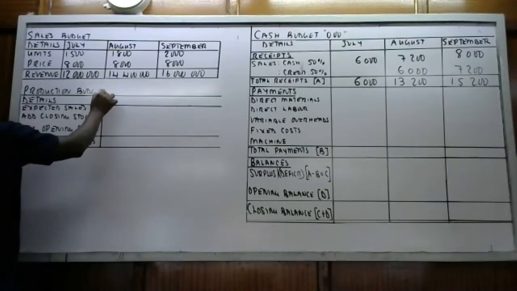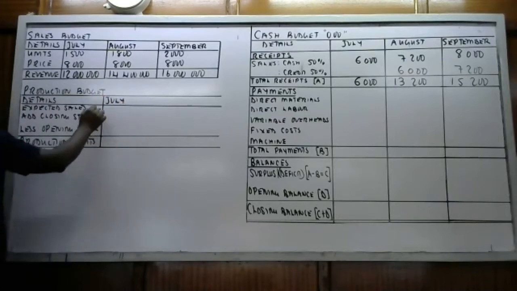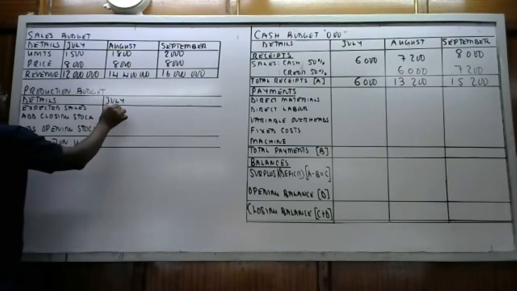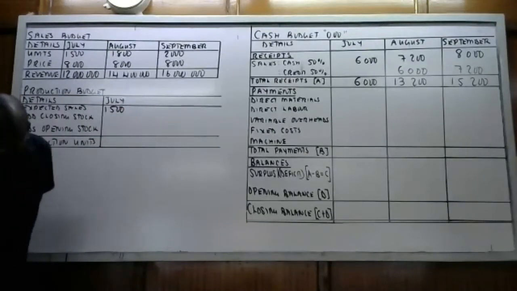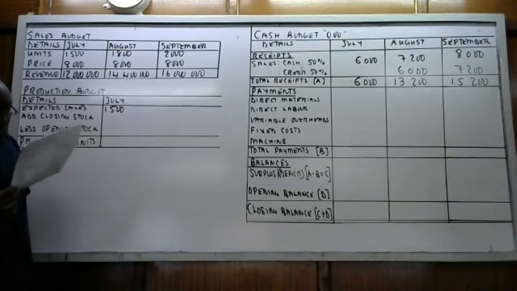So tukikuja July, we expect to sell 1,500. What does the question say about closing stocks? It has not mentioned to us.